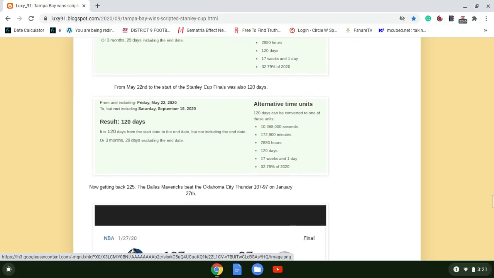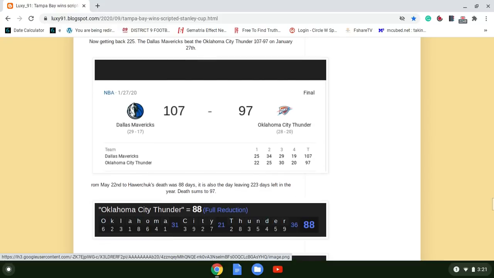Letters, numbers, dates in the calendar. So getting back to the number 225 and the date January 27th, notice how on this date the Dallas Mavericks won with 204 combined points over the Oklahoma City Thunder.